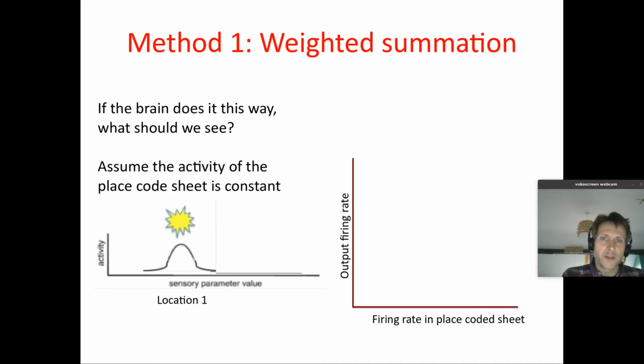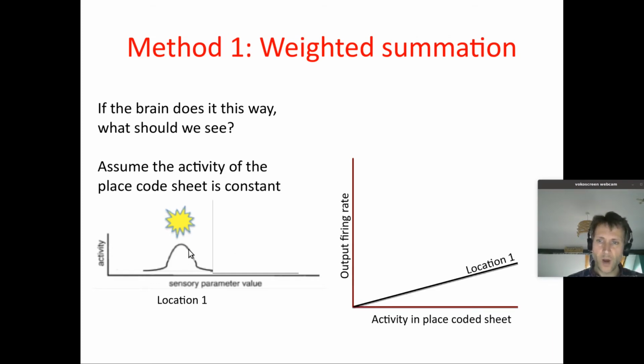But if the brain did do it this way, what would we see in the output? Let's imagine the graph that we would see if we plotted the firing rate in the place-coded sheet versus the output firing rate of that output neuron which is driving the muscle. At location 1, which is the short saccade, as the luminance of the stimulus increased, so would the output firing rate increase at this slope rate.